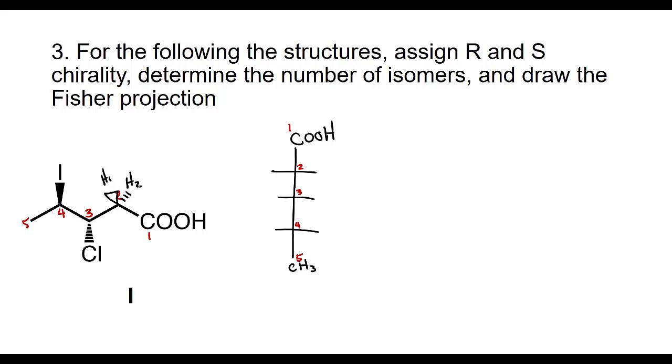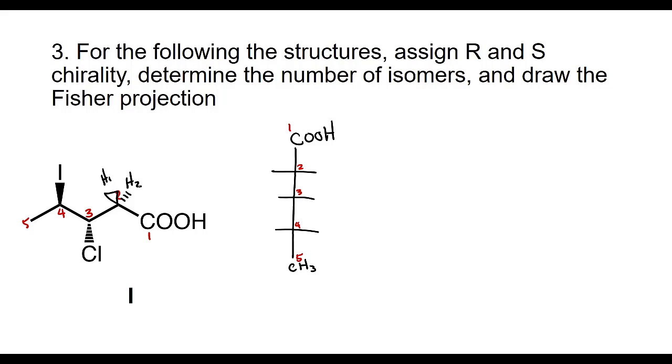See, how do we know whether we're going this way or this way? That's where I'm kind of stuck, because I see the COOH, and I know I'm looking down at this carbon, but I don't know which side I'm looking from. Well, we're going to look from the side that puts my carboxylic acid on top.